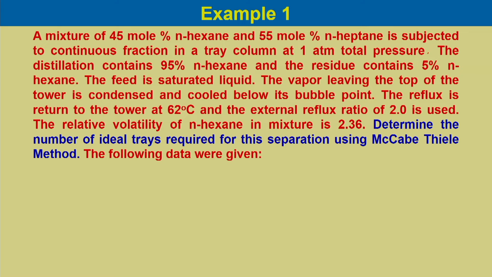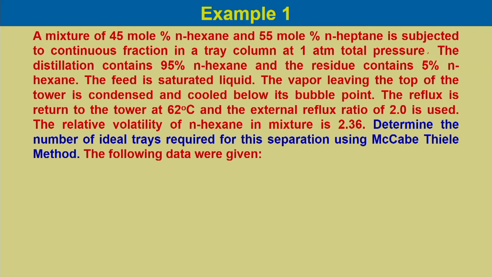The vapor leaving the top of the tray tower is condensed and cooled below its bubble point. The reflux is returned to the tower at 62 degree centigrade temperature and the external reflux ratio of 2 is used. The relative volatility of N-hexane in the mixture is given as 2.36.